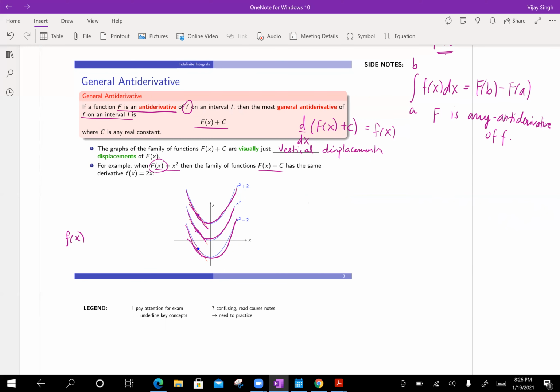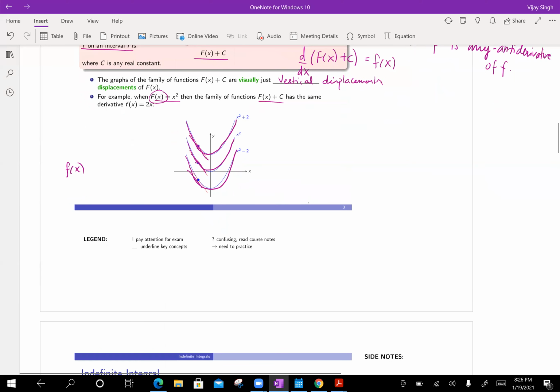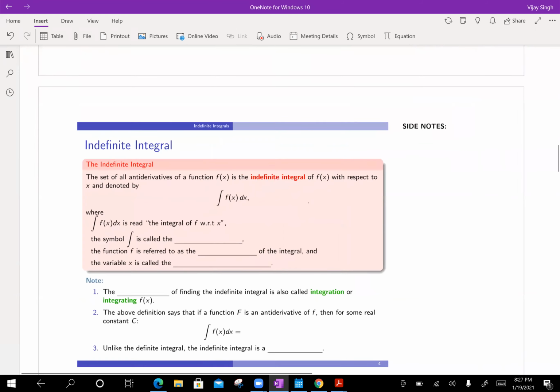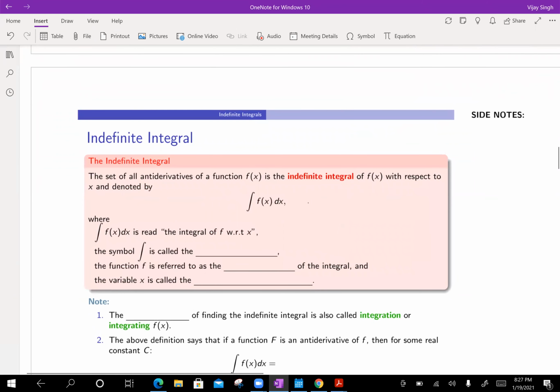So let's collect all the antiderivatives of a function and give it a name. So we get the concept of indefinite integral. The set of all antiderivatives of a function f of x is the indefinite integral of f of x with respect to x, and it's denoted by integral f of x dx.